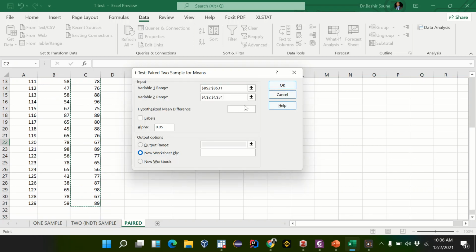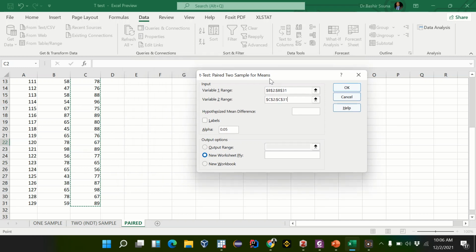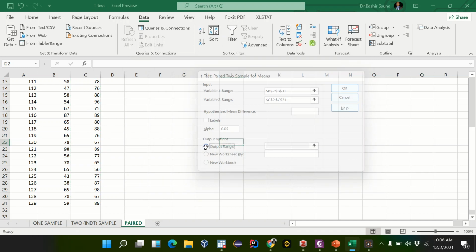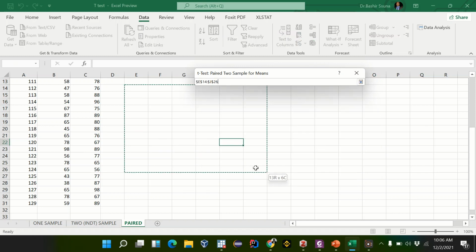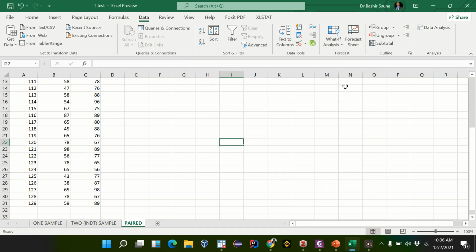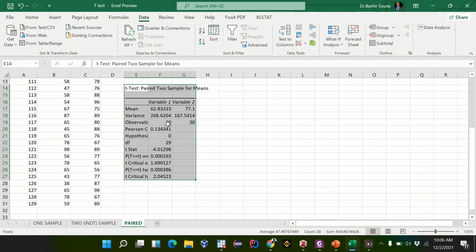We don't have a hypothesized mean, but maybe we could say, is it significantly different from maybe 80, that would be the hypothesized mean. I'm going to put the output on the same sheet. Let's say okay.